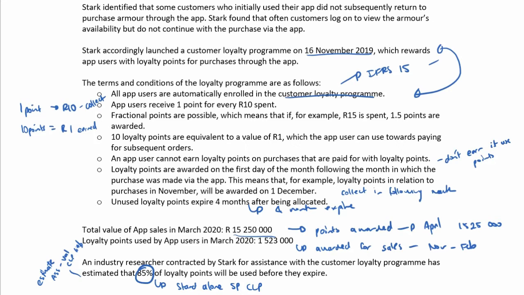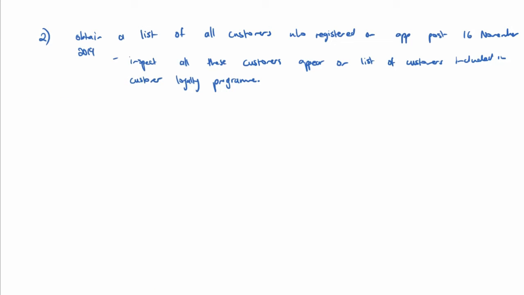Now my next point is that if you spend 10 Rand, you will get 1 point. So I need to go and recalculate the total number of points that have been available based on expenditure. So for those of you who are level 2, you know you can now use CATS because they have a computer information system. Level 1s, you just need to say recalculate, forget the using CATS.